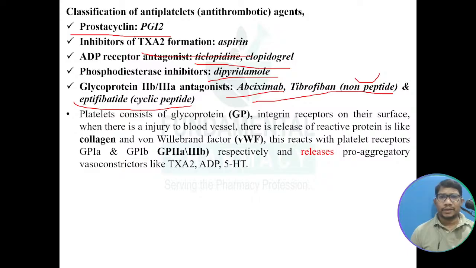The platelet consists of GP receptors, meaning glycoprotein receptors, which are a type of integrin receptor. Whenever there is injury to the blood vessel, reactive proteins like collagen and von Willebrand factor are released. These react with platelet receptors like GP2B3A, GP1A, GP1B, and release pro-aggregatory vasoconstrictors like thromboxane A2, ADP, and 5-HT.